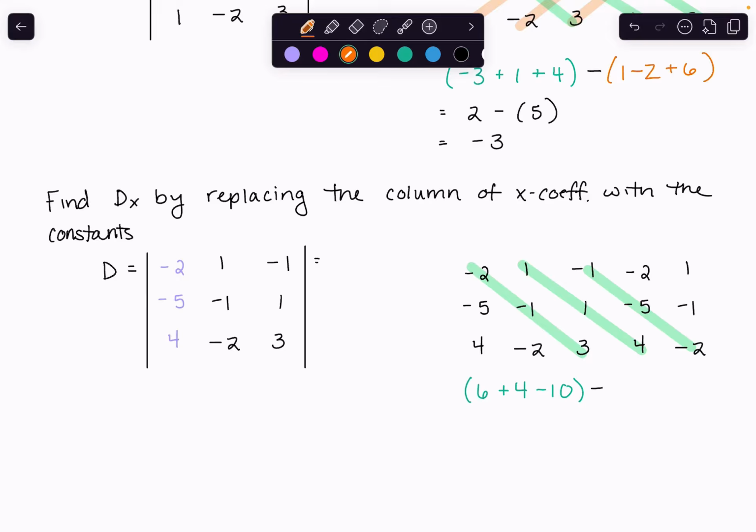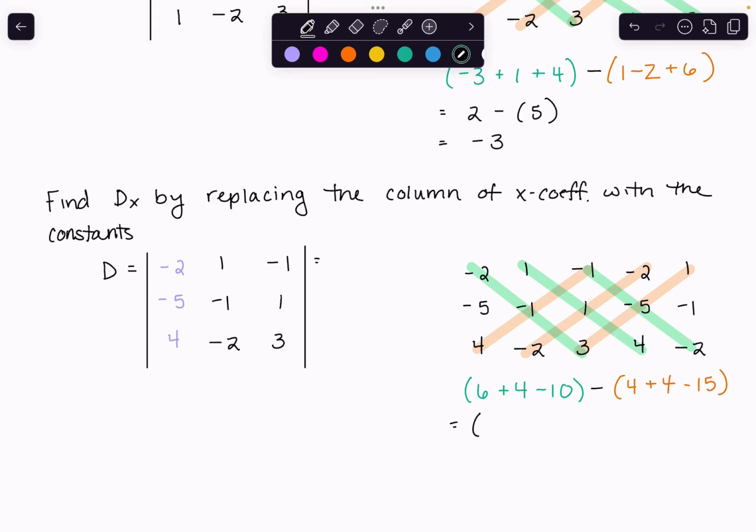Then I subtract the back diagonals. 4, negative 1 turns to positive 4. Negative 2 turns to positive 4. And then the ones I'm just ignoring, 3 times negative 5 is negative 15.